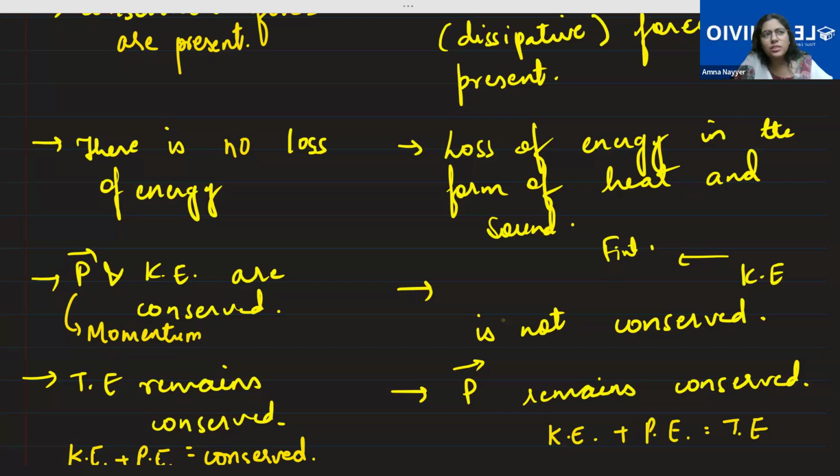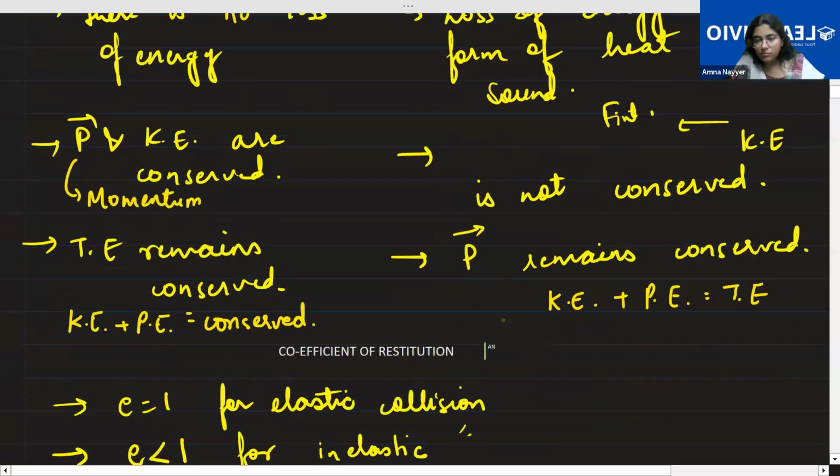Now, total energy: as we discussed last Sunday, mechanical energy is the sum of kinetic and potential, whereas total energy is the entire energy stored. Kinetic energy and potential energy both are conserved in elastic, so the mechanical energy will also be conserved.